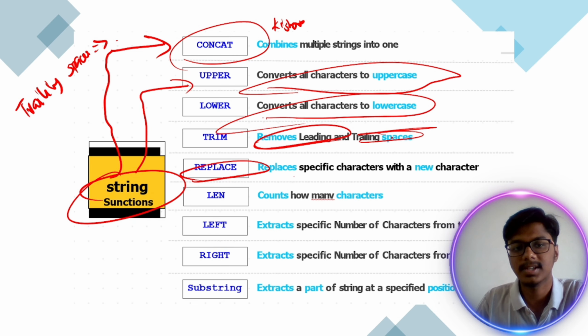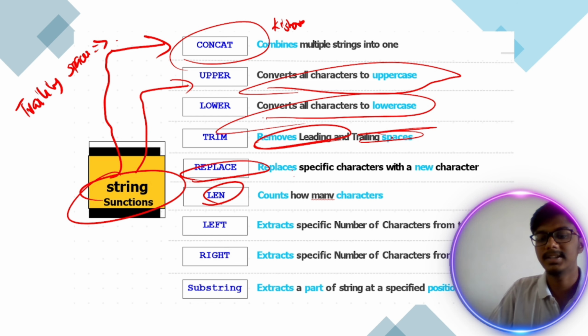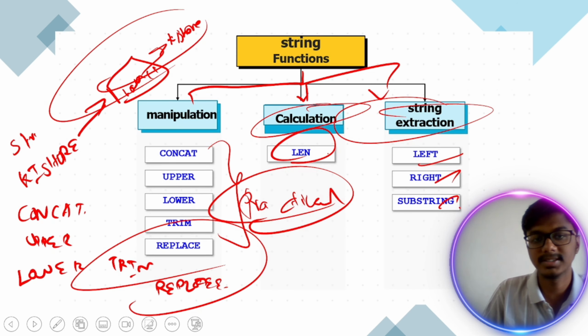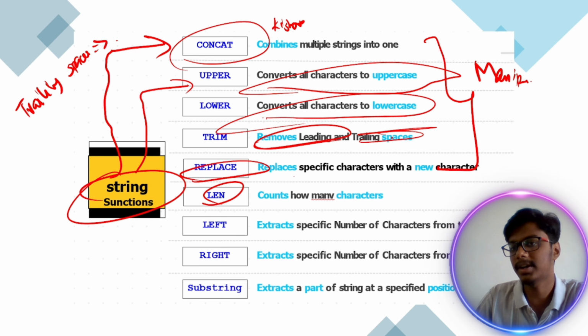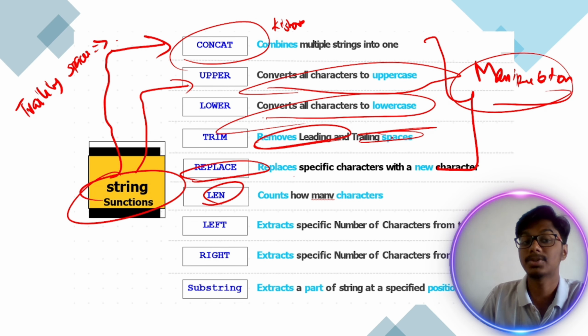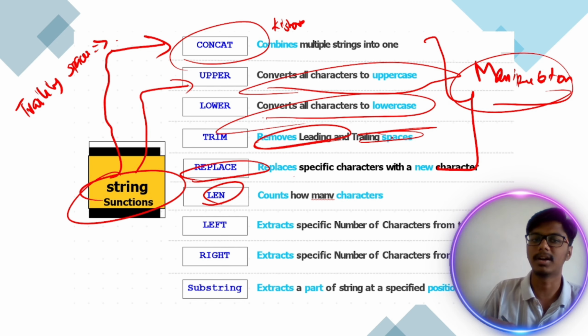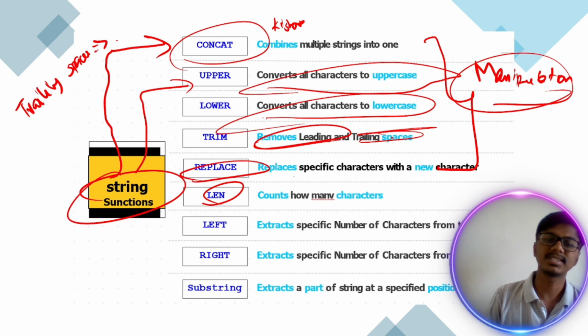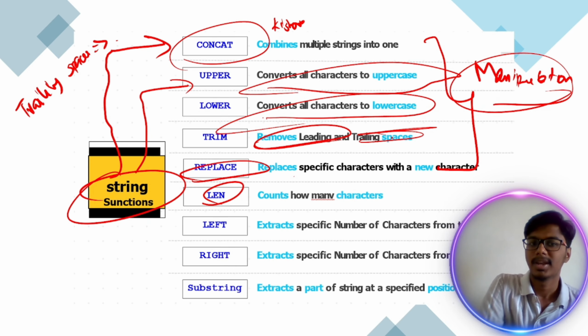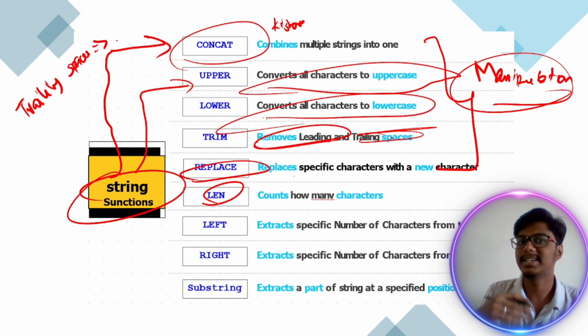Now let's dive into the len function. This is called the calculation part. So far we have done the manipulation part. We discussed the concat function, which combines multiple strings into one. The upper function converts all the characters to uppercase, and the lower function converts all the characters to lowercase. Trim removes leading and trailing spaces.